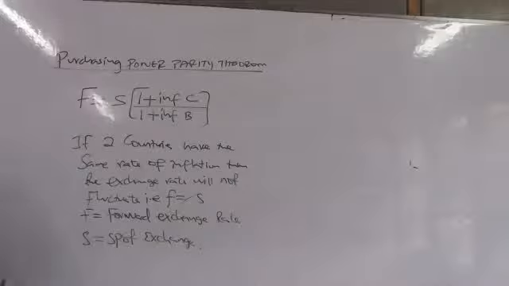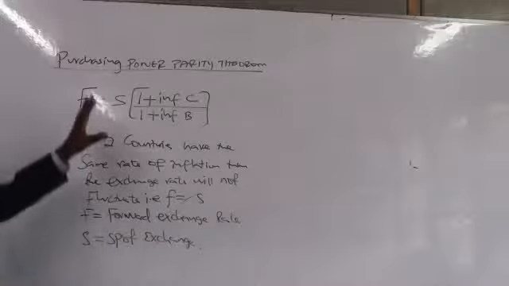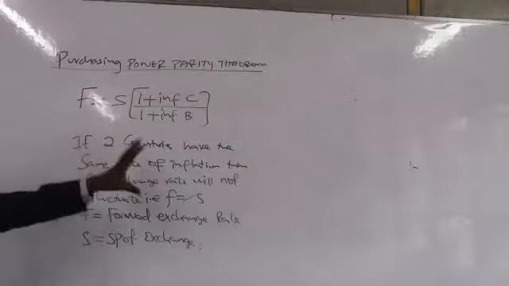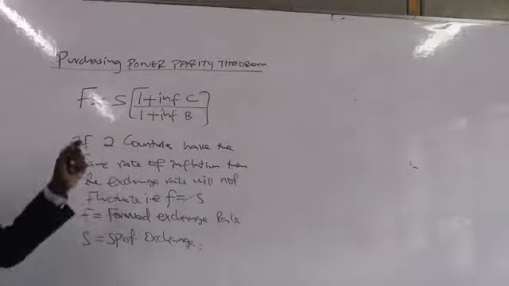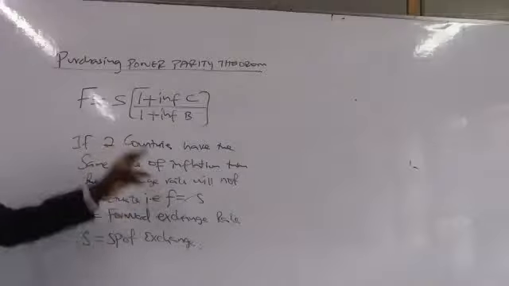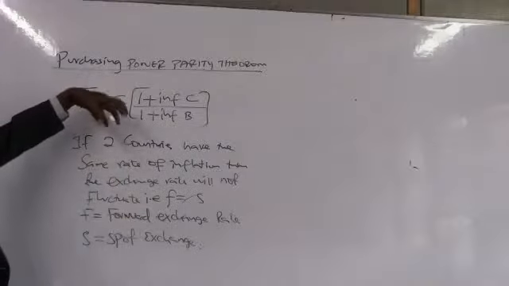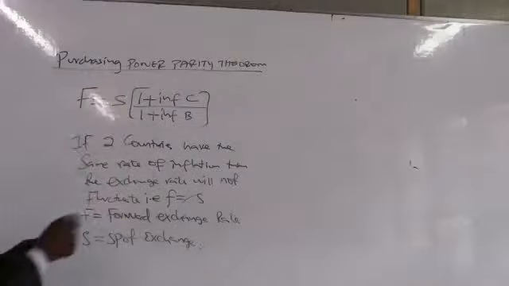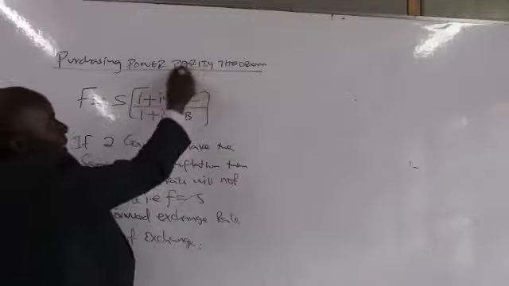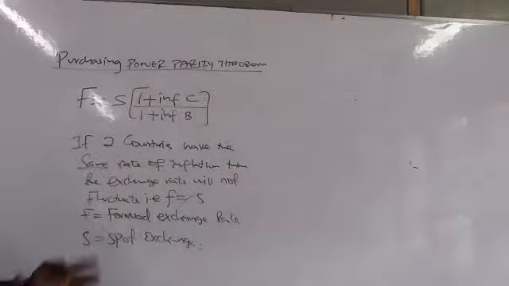Okay. So don't get lost, my great students. We are told that if two countries have the same rate of inflation, they are at purchasing power parity. Parity means the same.